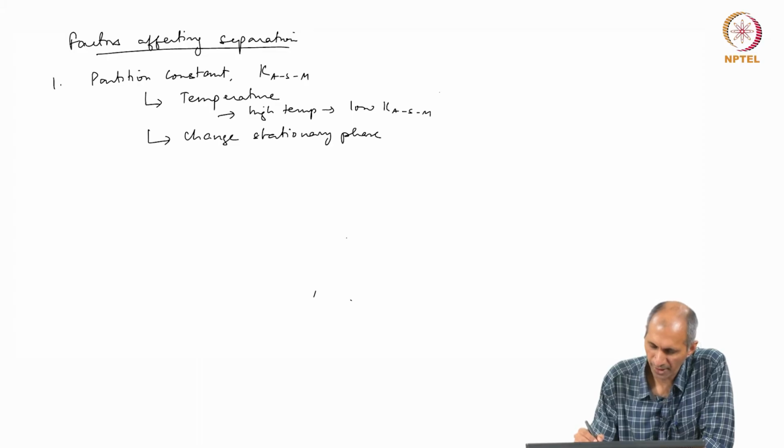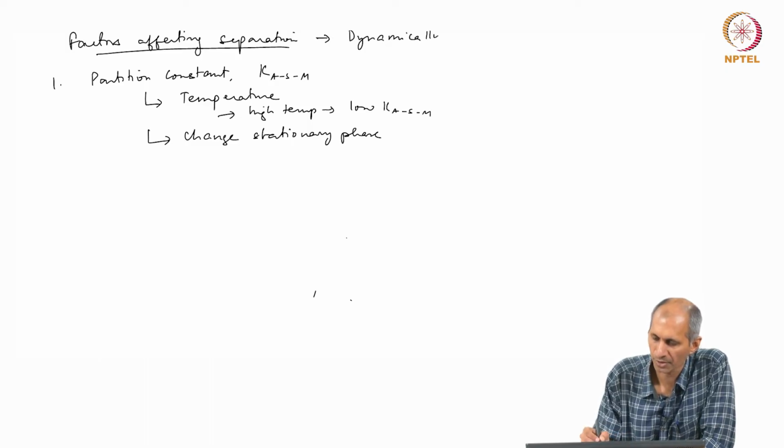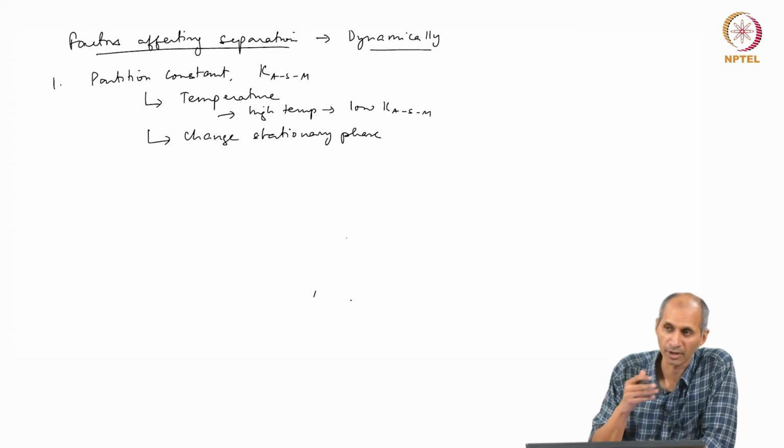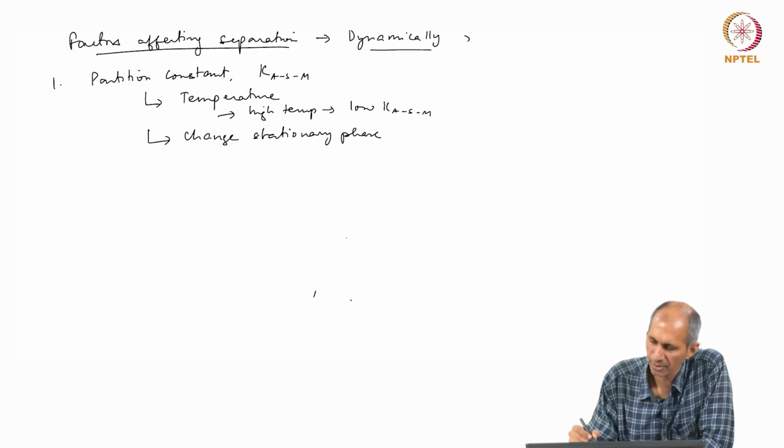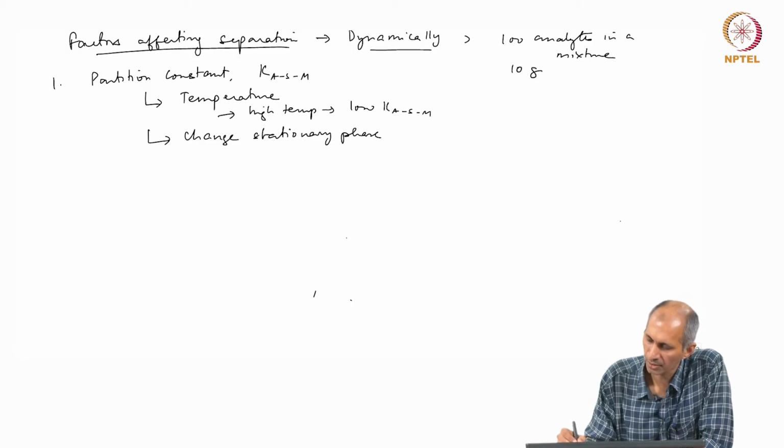Also, one of the things we would like to do when we are talking about affecting separation is to do this dynamically, within a given sample. Suppose you have 100 analytes in a mixture, 10 belong to group A, 10 belong to group B, and so on.